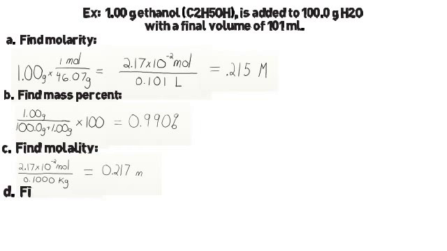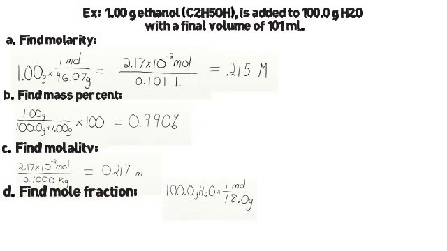The last is you're going to find the mole fraction. And that will be the moles of the solute over the total moles. First, you need to change the grams of water to moles, which we will do right now.